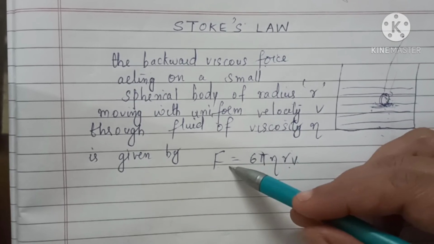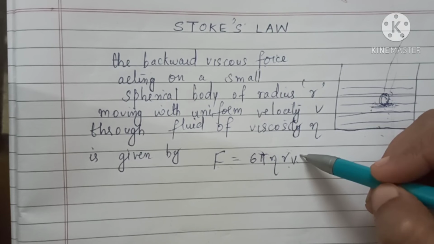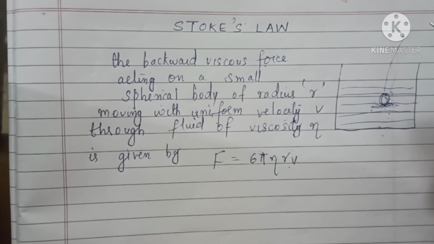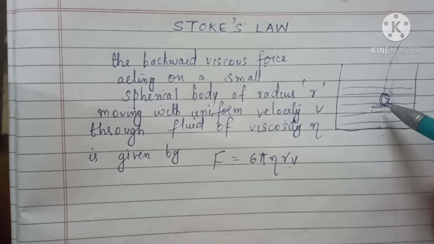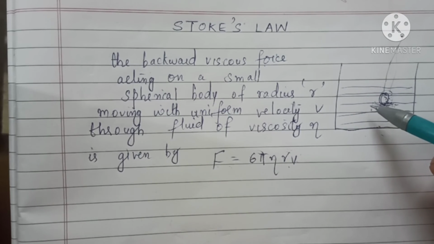Understand? So it is directly proportional to the radius as well as to the velocity. If the velocity of the body is increasing, the retarding force it experiences also increases. If the radius is large, it has a high retarding force or viscous force.